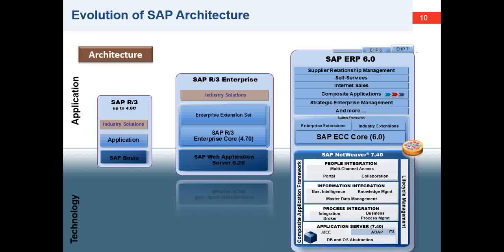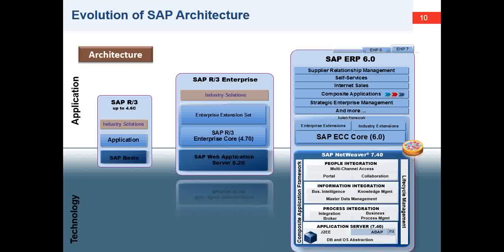On top of that is what's called ERP. You've got your ECC Core, which aligns to the old application layer in R/3 4.6C. You've got your enterprise extensions, which pretty much still act the same way they did in 4.7, and the industry extensions, what used to be the add-on industry solutions. You can see, if you can see the small print, it says switch framework right above those. We'll discuss the switch framework in more detail in a few minutes.